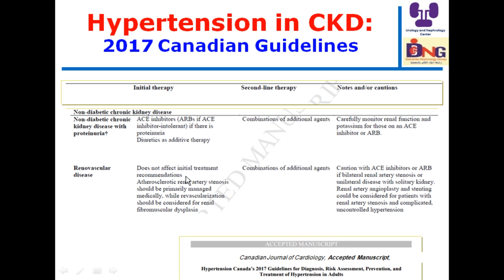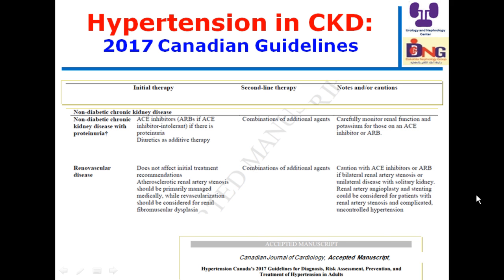Atherosclerotic renal artery stenosis should be primarily managed medically, while revascularization should be considered for renal fibromuscular dysplasia. In combinations, use caution with ACE inhibitors or ARBs in bilateral renal artery stenosis or unilateral disease with a solitary kidney. Renal artery angiography and stenting could be considered for patients with renal artery stenosis and complicated uncontrolled hypertension.